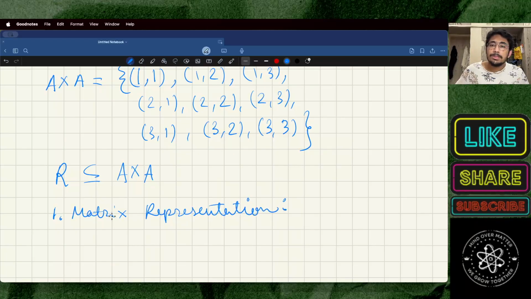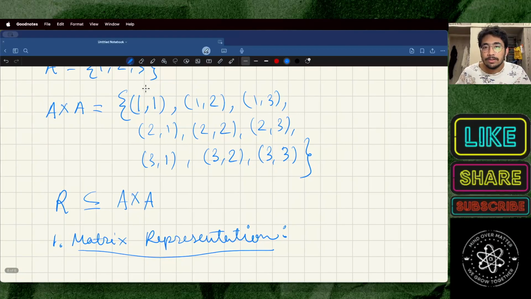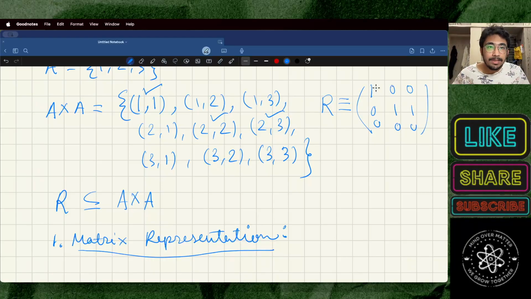So what is a matrix representation of a relation? Suppose my relation contains this element and this element. Then I can represent my relation like this. This element means that (1,1) is present.